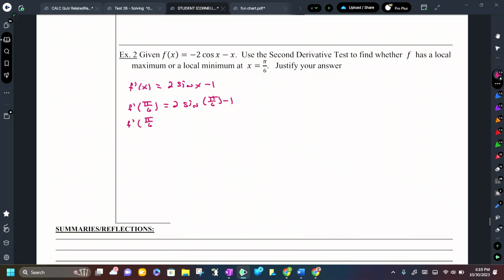Sine of pi over 6 is 1/2. So 2 times 1/2 minus 1. 2 times 1/2 is 1, and 1 minus 1 is 0. So at pi over 6, we have a horizontal tangent line. If we have a horizontal tangent line, that means we can have a relative max or min.